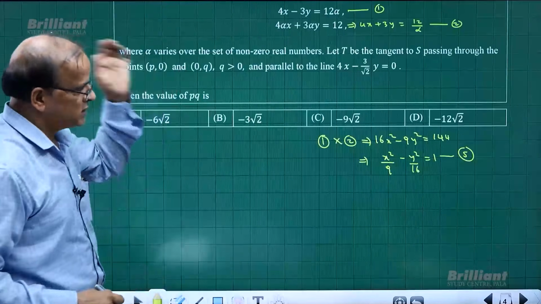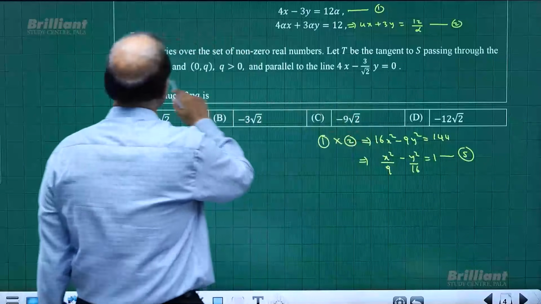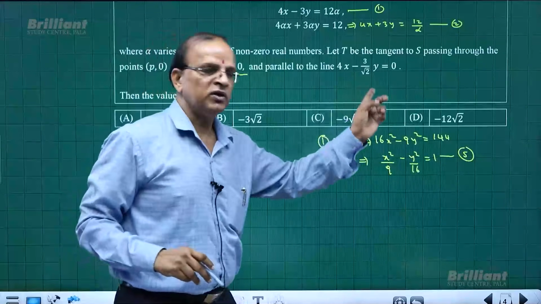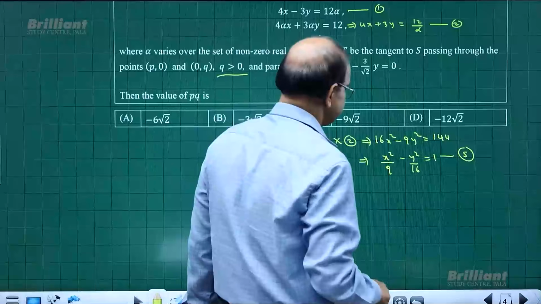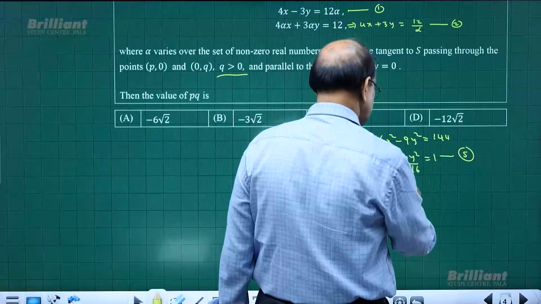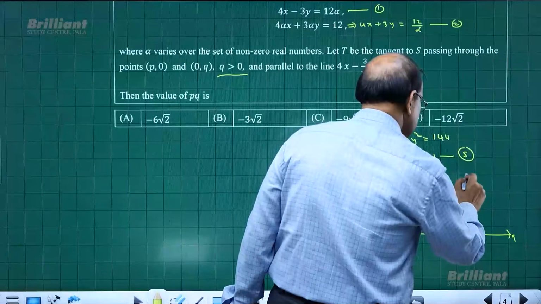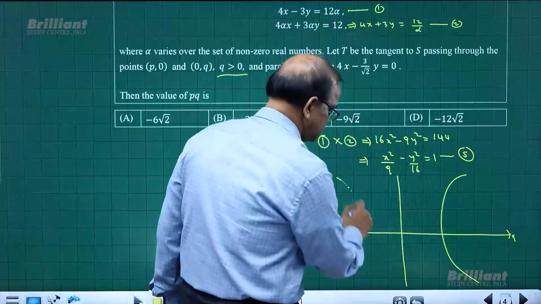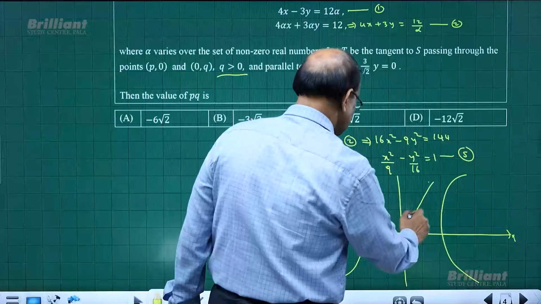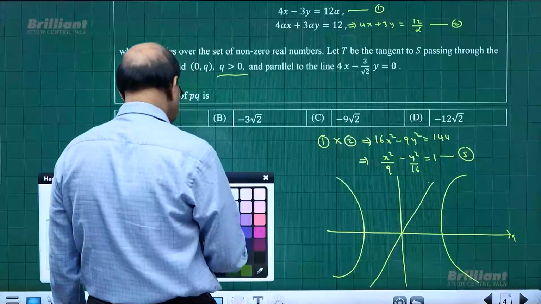Now T is a tangent to this S passing through these points, Q positive, parallel to this line passing through the origin. So this is the figure, this is the hyperbola. This line passes through the origin.